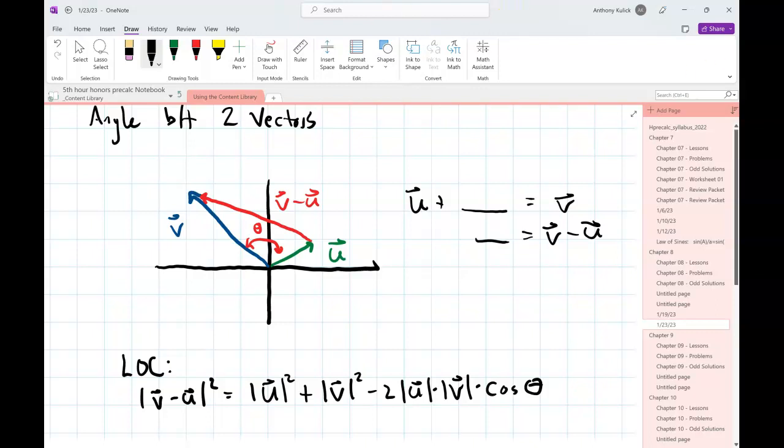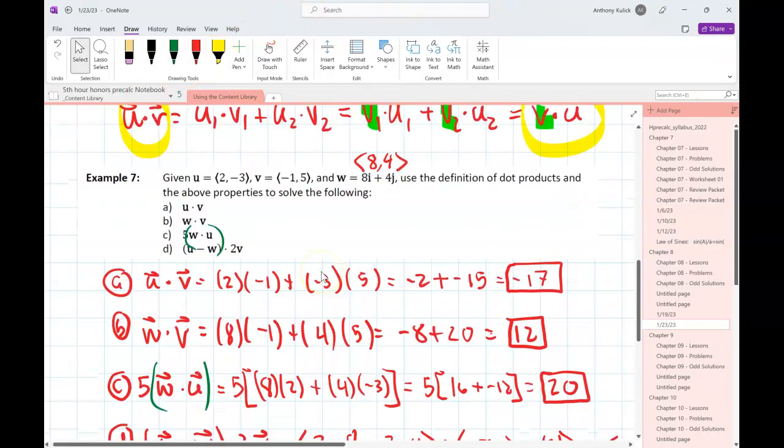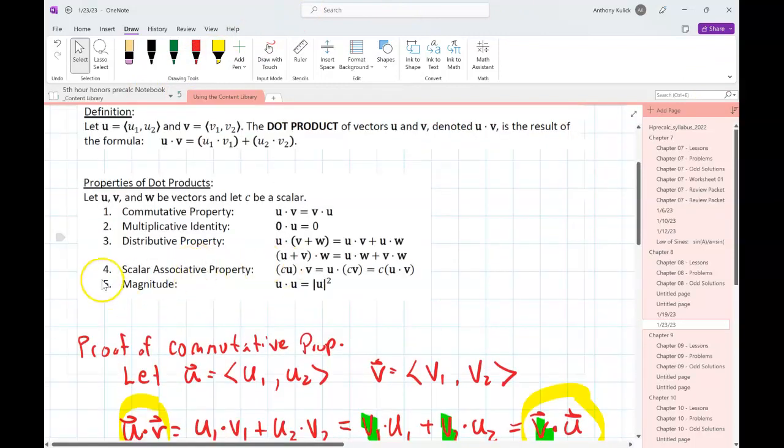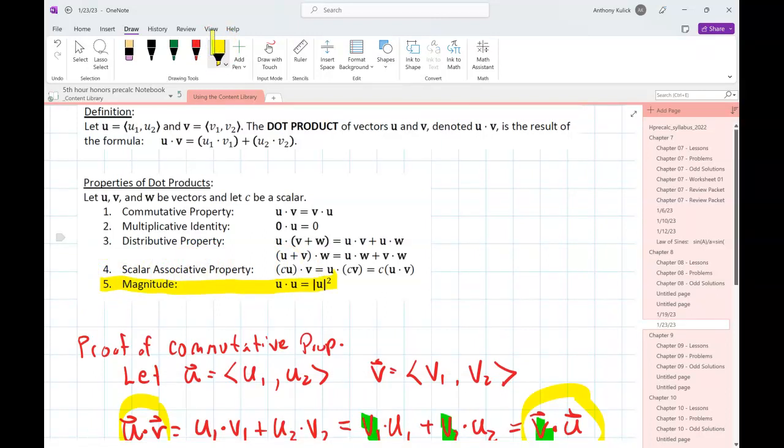Okay. I want to go back and remind you guys of this property 5 for vectors. It says the magnitude of the vector squared is equal to the dot product of the vector with itself.